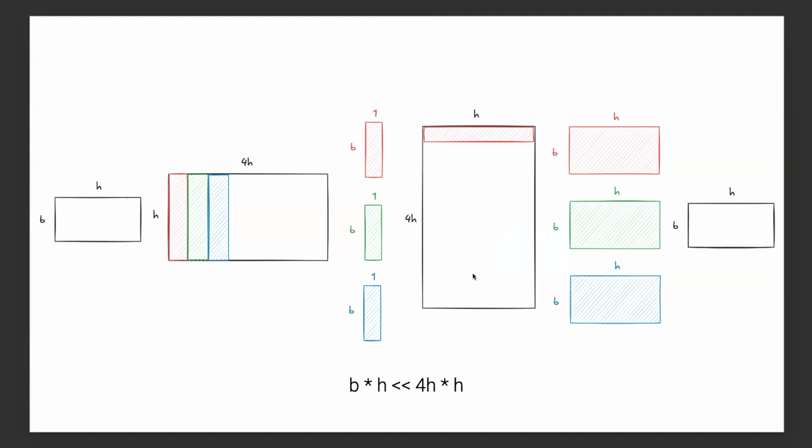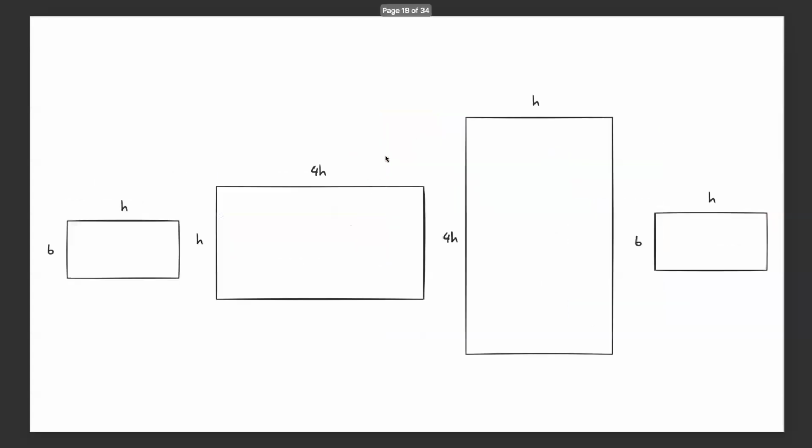We split the second multiplicand column by column, and we get smaller outputs, which we then combine, just glue together without summation, right? Just concatenating.